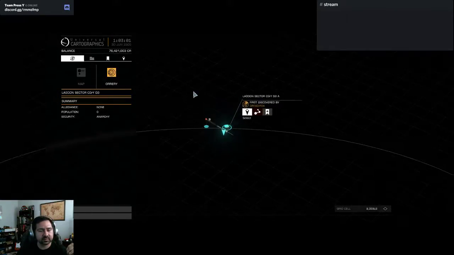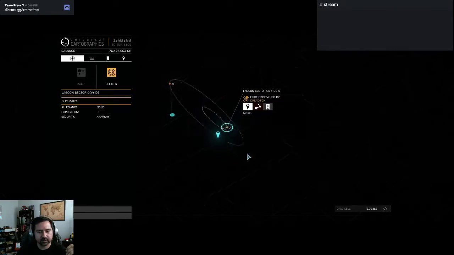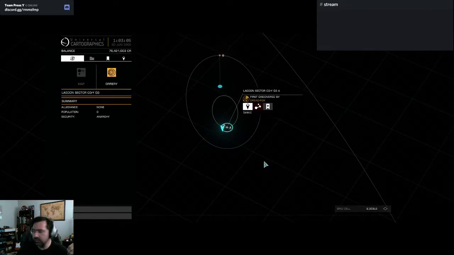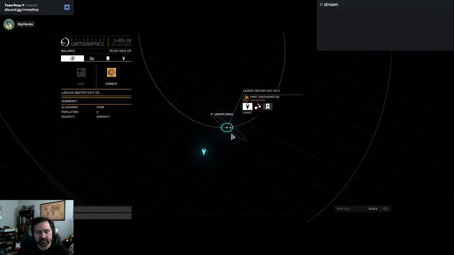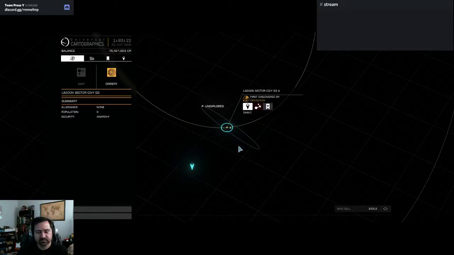We highlight A, zoom in even further, click focus, and now you can see the planet's orbit. That is a roaster. Would not want to be there.